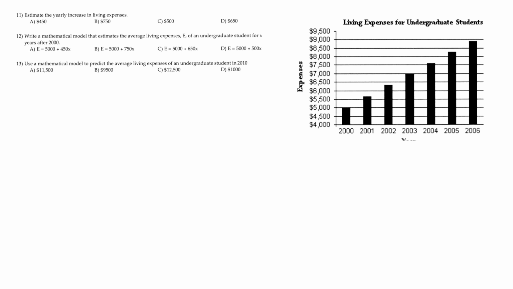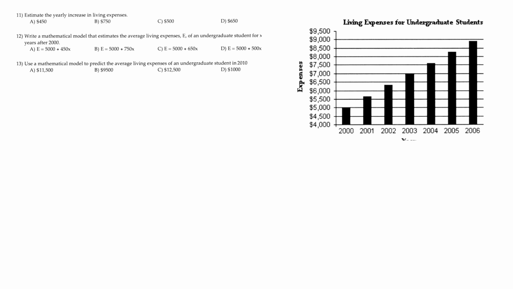All right, so they want us to estimate the yearly increase in living expenses. Looking at the chart, the living expenses go up year after year. In 2000 the expenses are about $5,000. In 2001, it looks like the expenses are maybe 5,600 or 5,700, so they're going up.